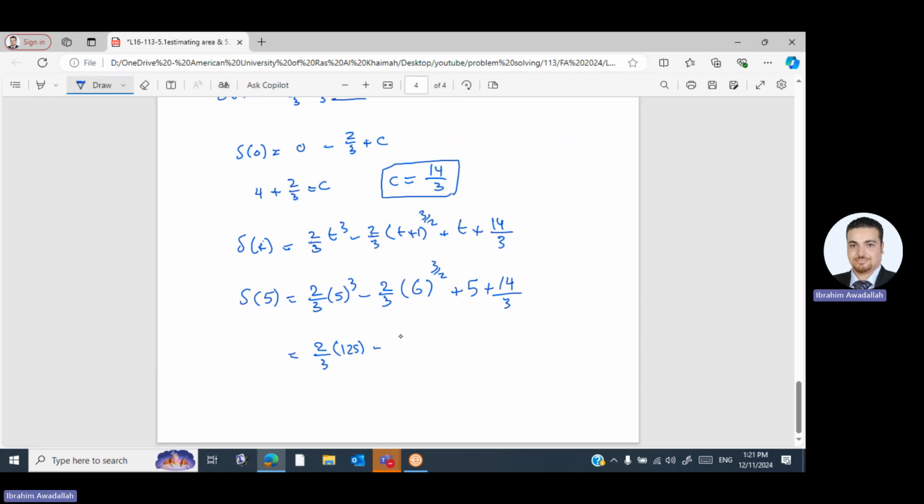The answer is 14.6969, plus 5, plus the last number 14 divided by 3, which is like 4.6 repeated. You can now write the final answer here.